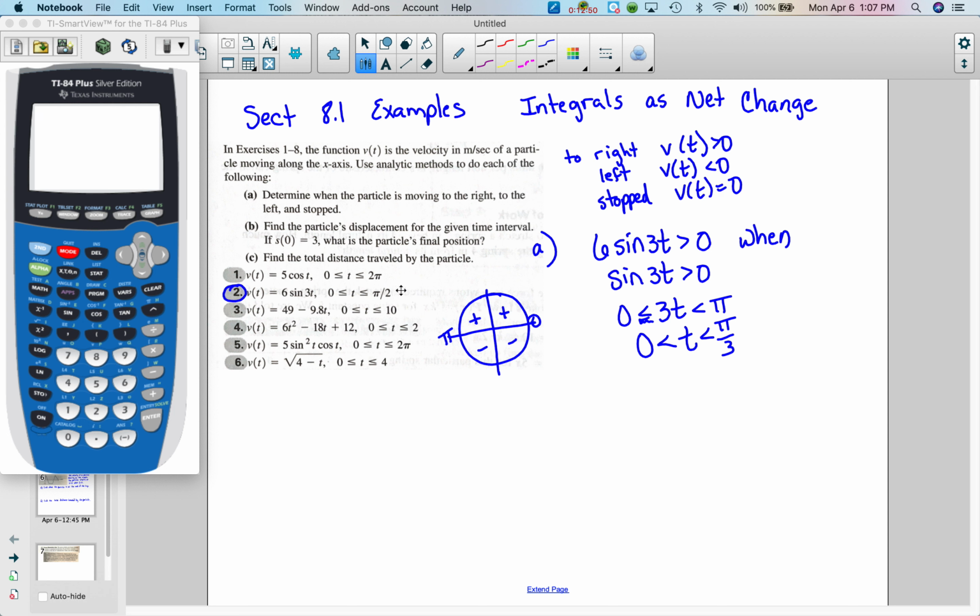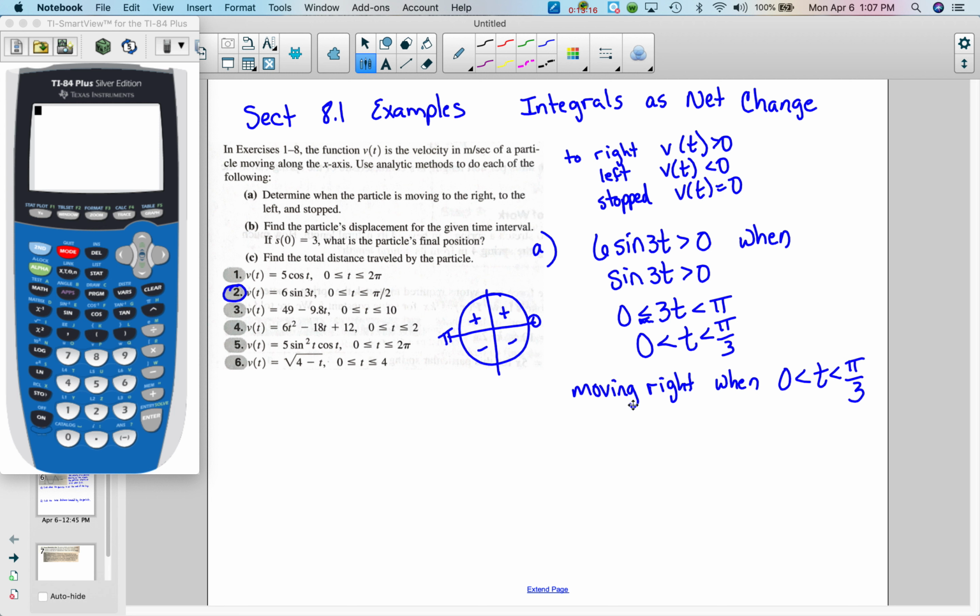We were given as our domain 0 to pi over 2, and that falls within that. So our answer for when it's moving to the right is when 0 < t < pi over 3.